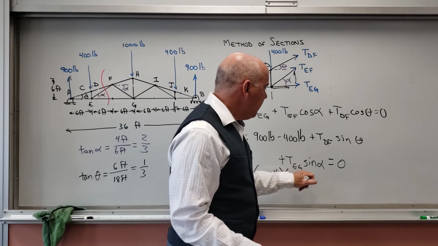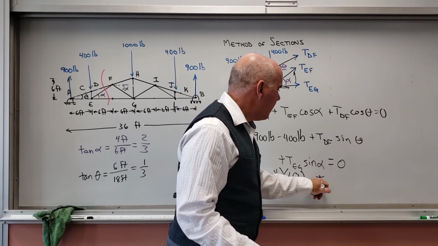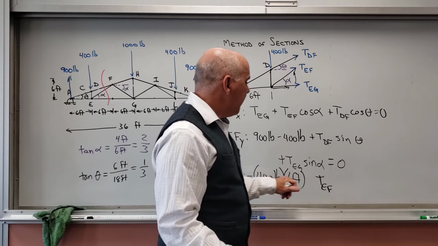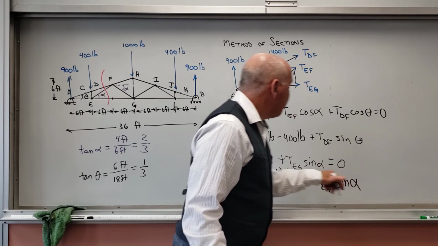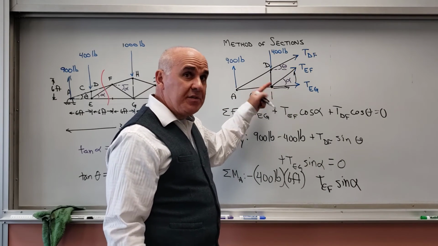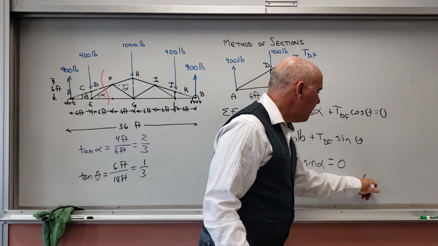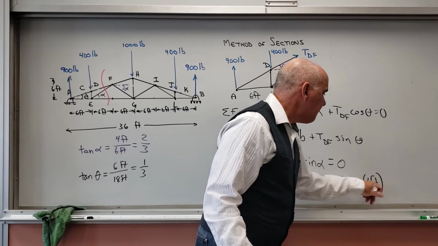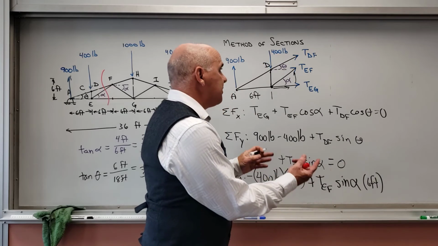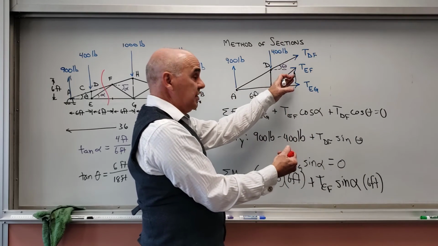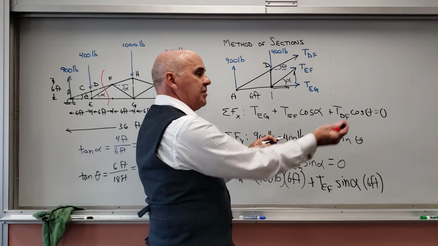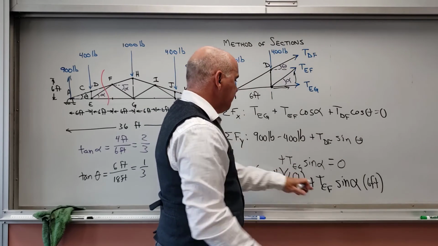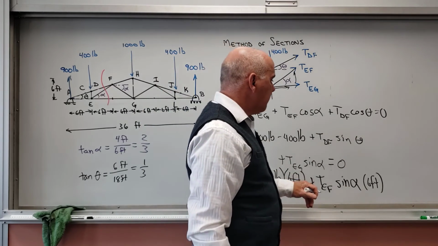That's TEF sine of alpha, acting at this point, so that's also times 6 feet. That's positive because it's trying to lift it up. It's a tension. I could be wrong on the direction, but that's the way I've drawn it. So it's counterclockwise, so that's positive, and that's all equal to 0.